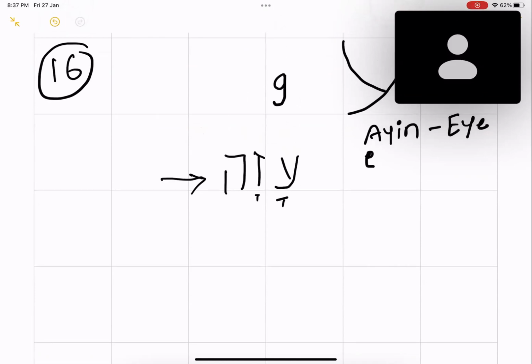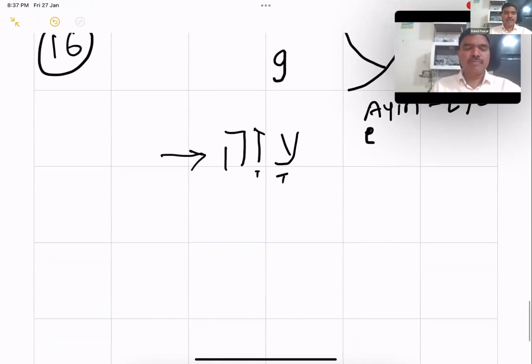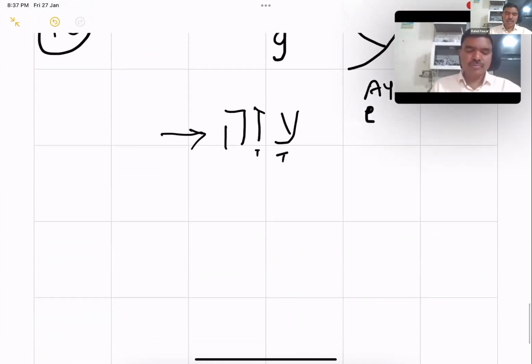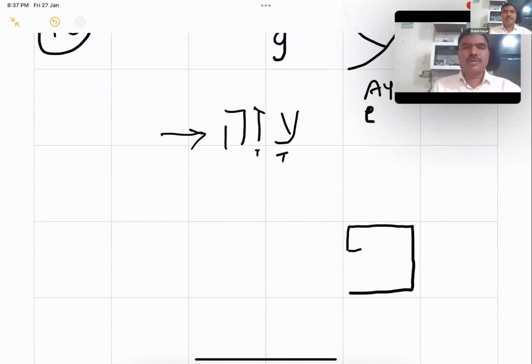Now, the next letter of the alphabet is Pe. How to write Pe? A handwritten version. So this is actually a Pe. If there is a dot, then it is Pe.